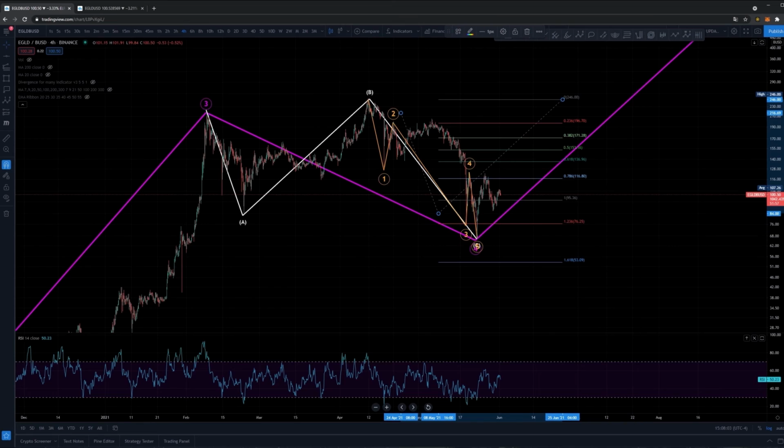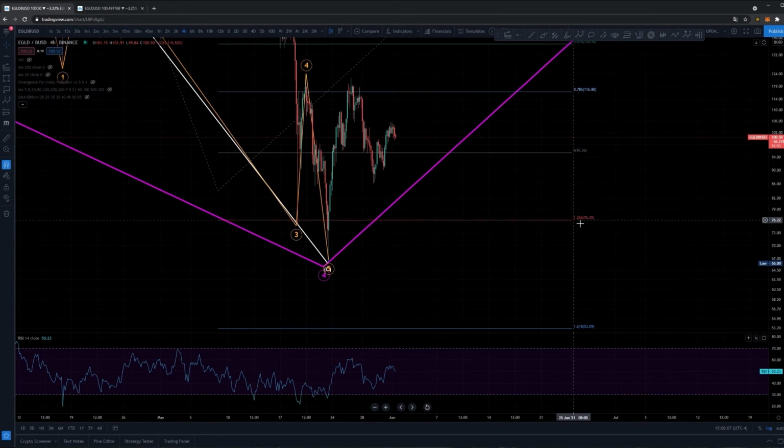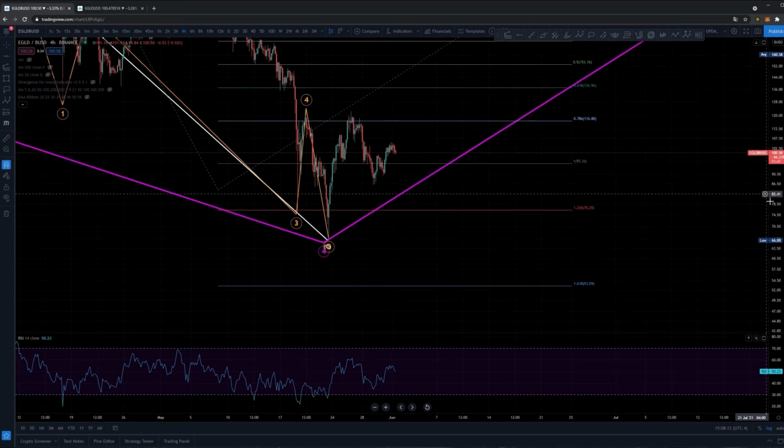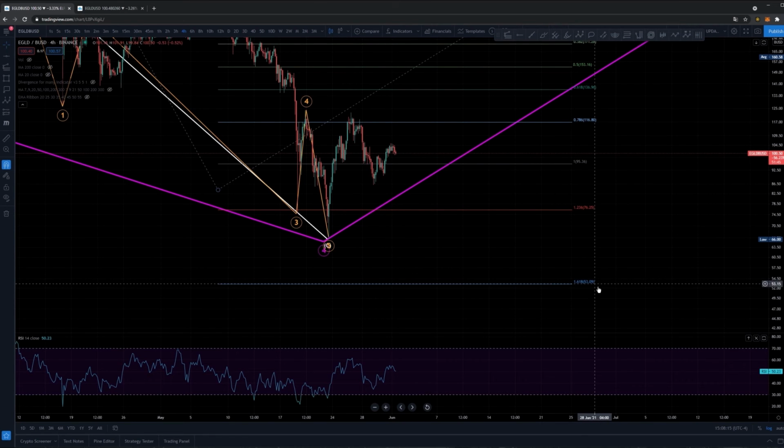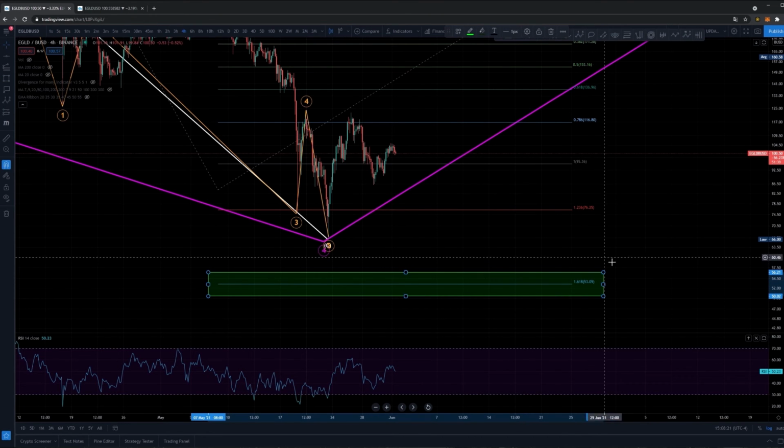We have the 1.236, which is 123.6 at 76.25 that we already tested. And the last one will be the 1.618 at 53.09 right here.